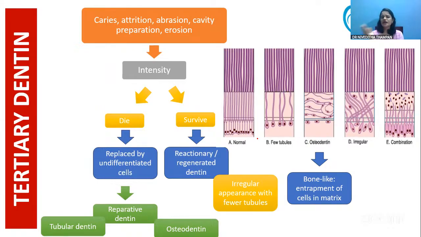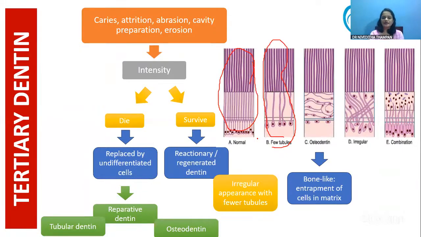Such changes will be seen in this type of tertiary dentine. This is how a normal dentine looks: the tubules are closely and properly arranged. But in reactionary or reparative dentine, there will be only a few tubules present.